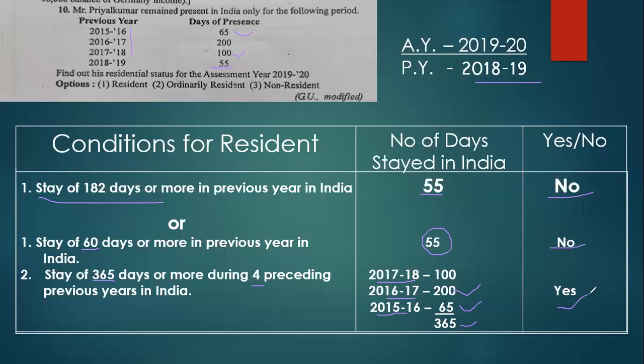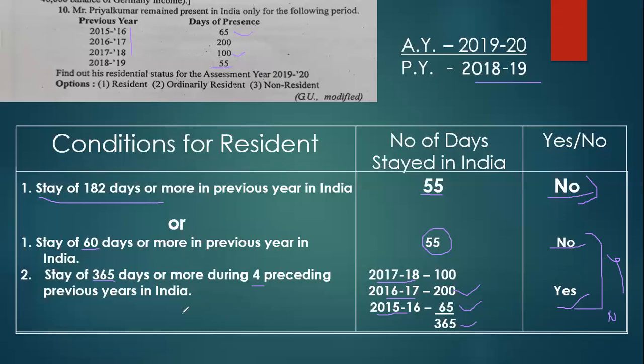But here we have to see very carefully that with either this condition or this condition, both conditions should be yes. If one condition is no and the second is yes, or one condition is yes and the second is no, this will be treated as no. So we will not consider that Priyal Kumar has fulfilled the condition for resident.